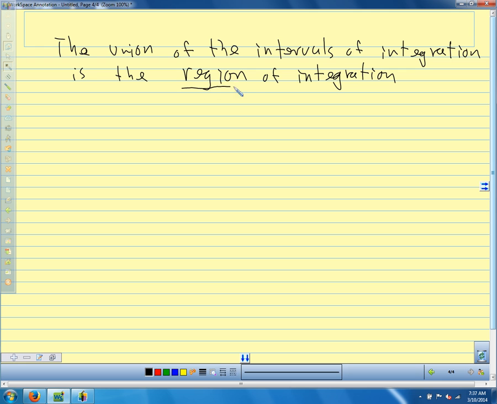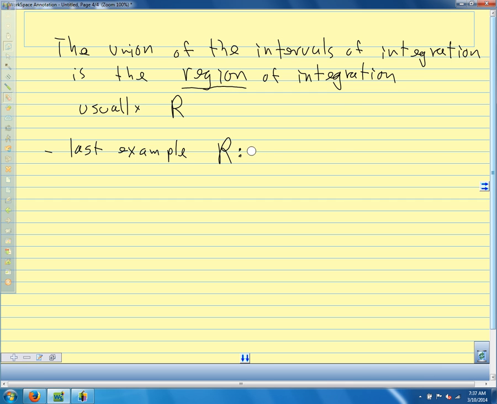We're going to be talking about the region of integration a lot in chapter 14 as well, and usually we call it R. So in the last example, our region was 0 less than or equal to y less than or equal to sine x, union 0 less than or equal to x less than or equal to pi.